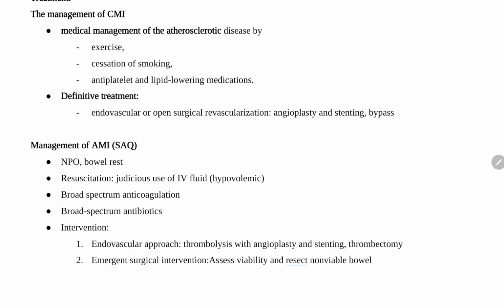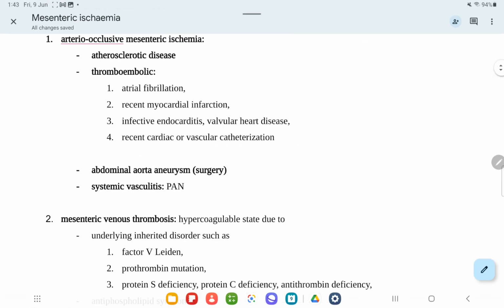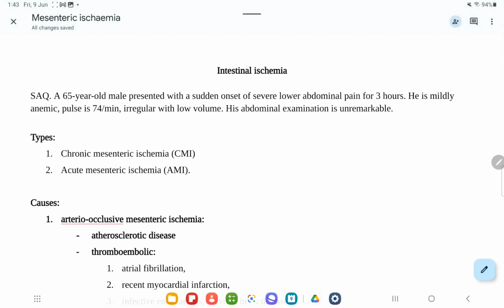Now it is time to give the diagnosis of our scenario here. A 65-year-old male, sudden onset abdominal pain for 3 hours, irregular pulse, low volume.